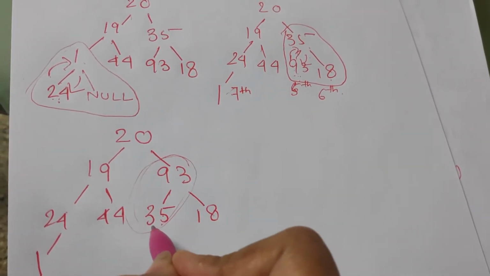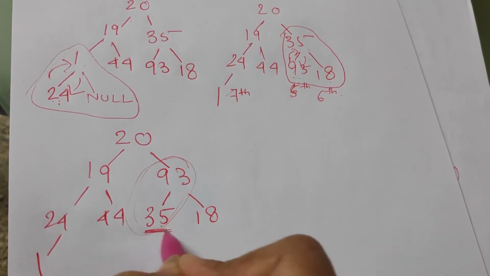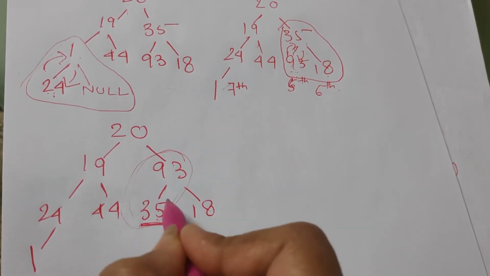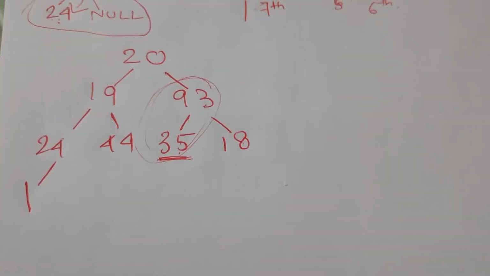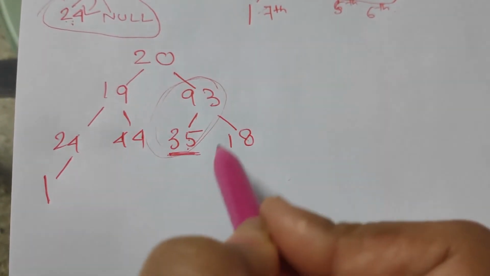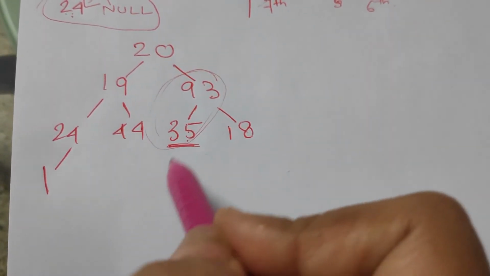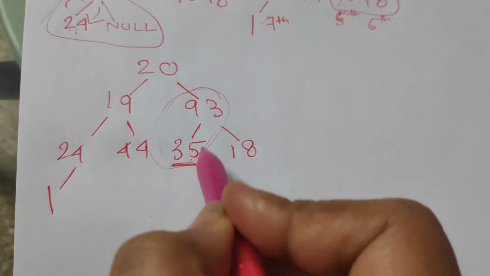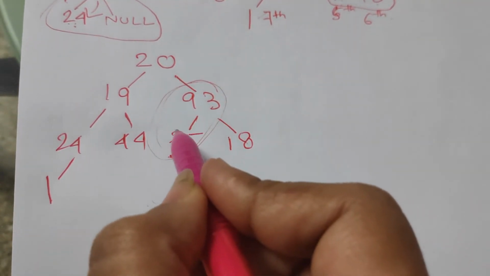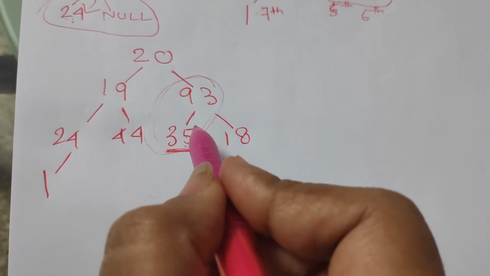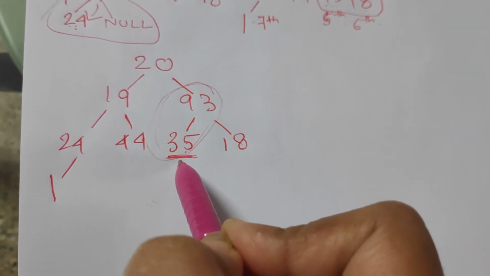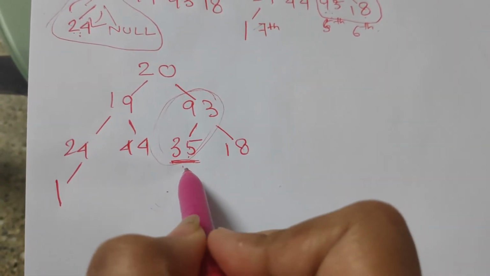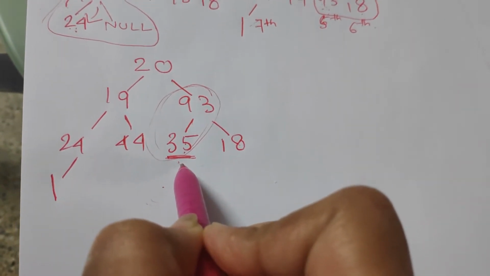So we will check whether this 35 has any child nodes. If 35 has any child nodes, then we have to recheck whether it maintains the concept of max heap or not. For this example, 35 does not have any child, so there is no need for any re-verification.